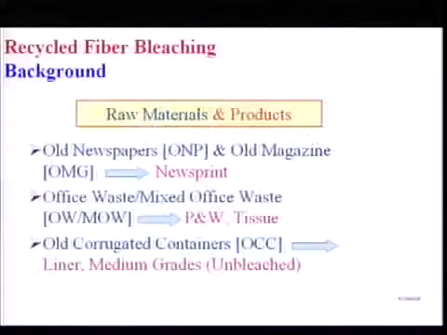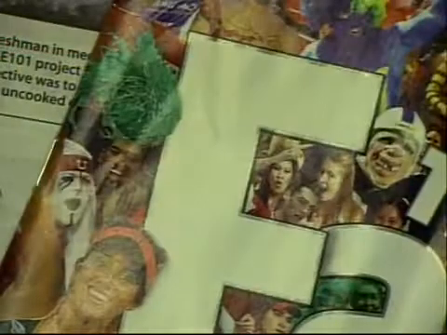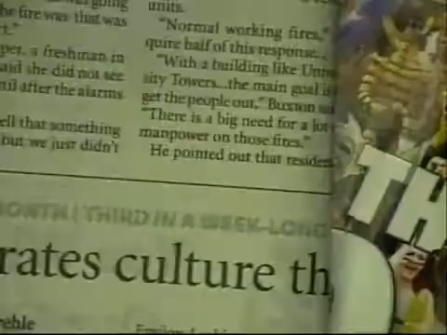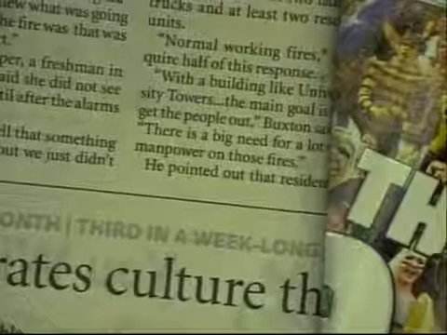There are three types of recycling. To make a newsprint, what you need to do is to recycle newspaper. Sometimes these newspapers are mixed with old magazines. So, newsprint mixed with a magazine, 70% of newsprint typically mixed with 30% of magazine, or sometimes 80-20 or 90-10.